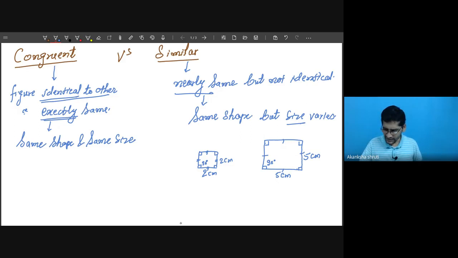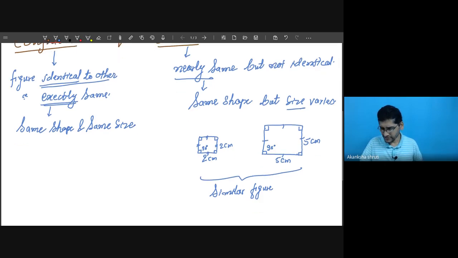So these two are similar figures, but not identical. Identical means in each and every respect the two should be the same. You cannot differentiate between the two, and we can say it is identical.